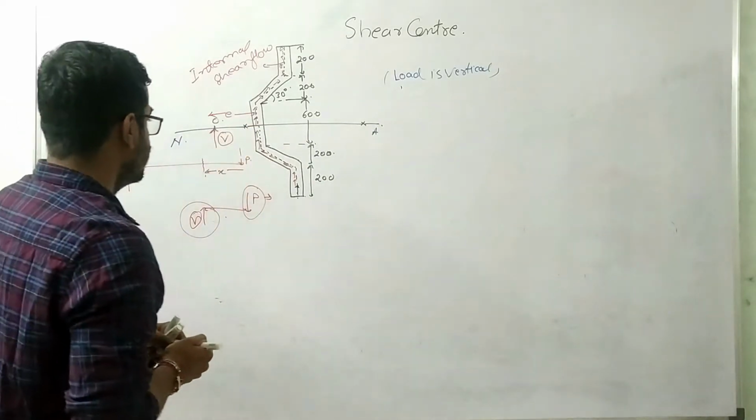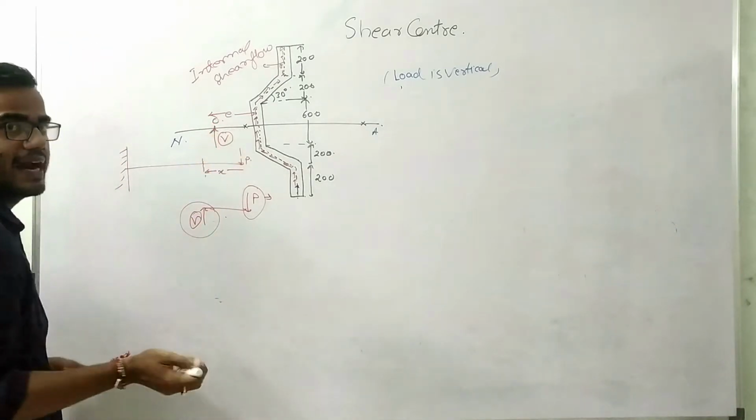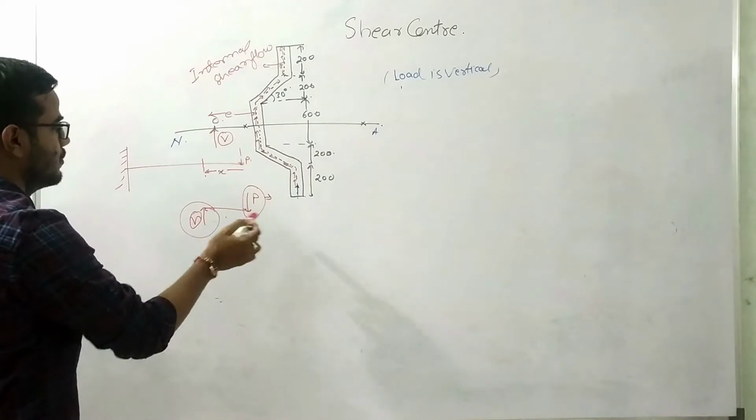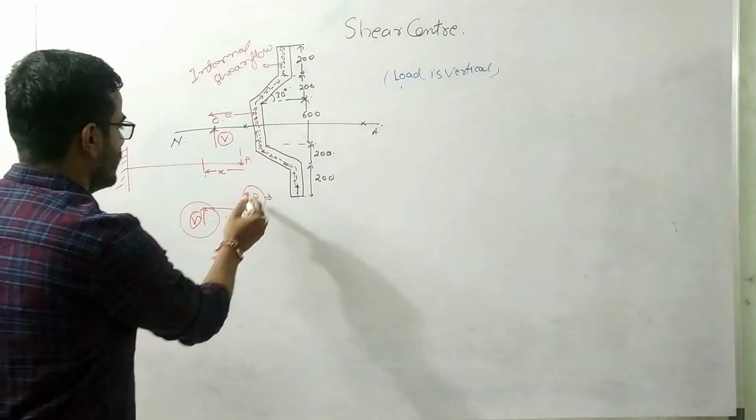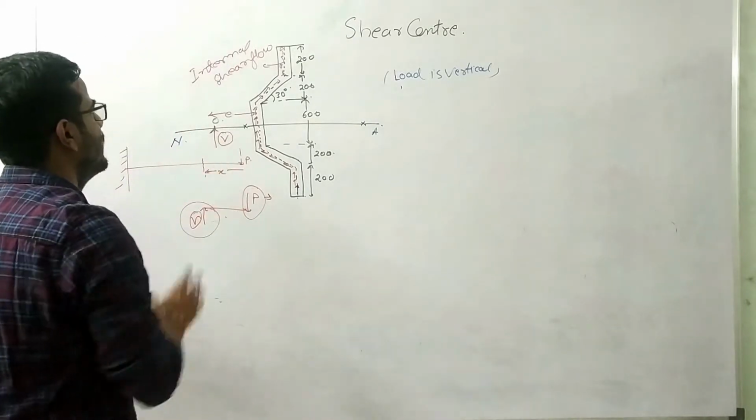Why are we calculating the location of the resultant? Because that location only will provide the vertical force. Now we have discussed a little bit about the shear center.